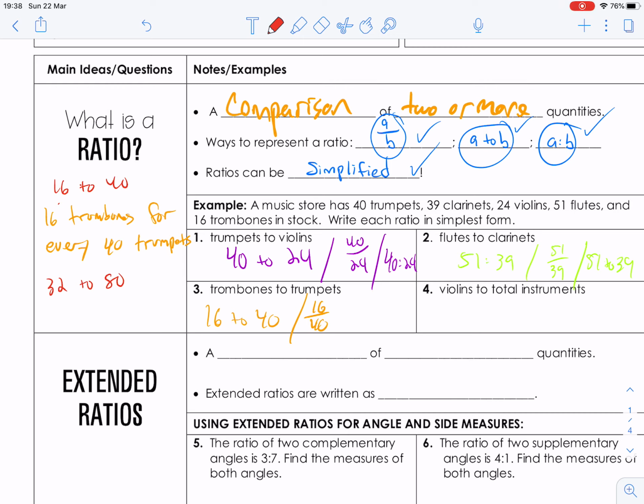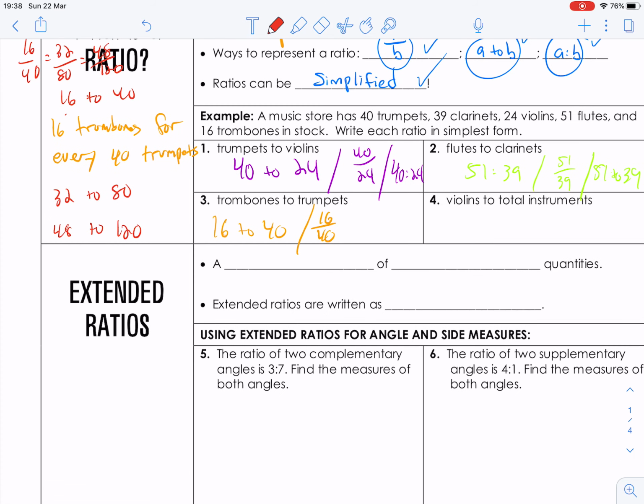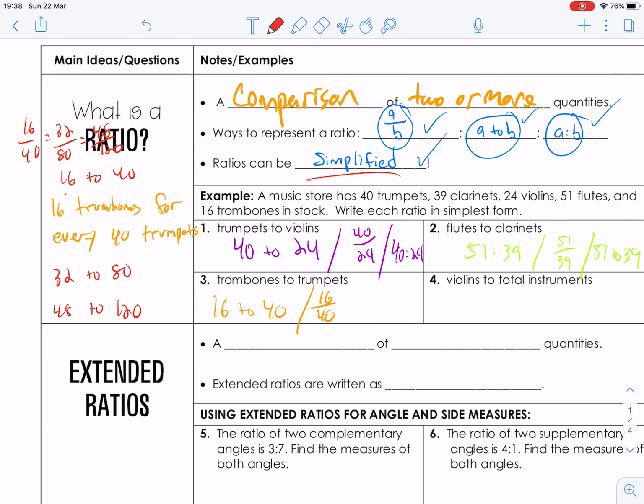And if I get another 16 trombones, then I'll have 48 to 120. Very similar to fractions, right? So 16 to 40 is the same ratio as 32 to 80, which is also the same ratio as 48 to 120. That's what it means when we say it can be simplified, because the ratio still stays the same.